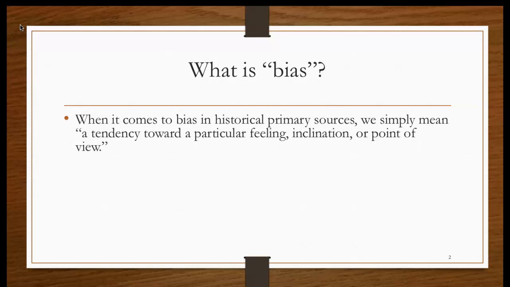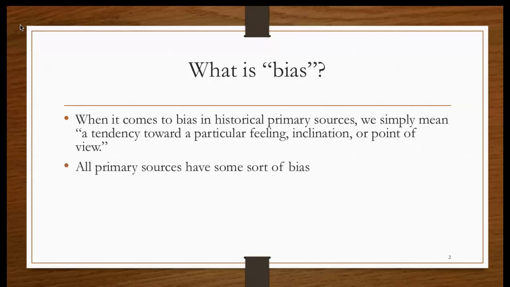But when we're looking at primary sources in history, we have to erase that negative connotation from our minds. Bias in this case is simply a particular feeling, inclination, or point of view. So bias and viewpoint are very closely related.